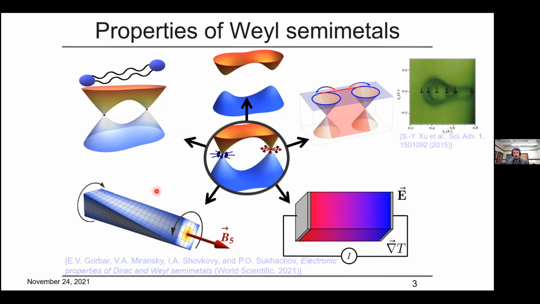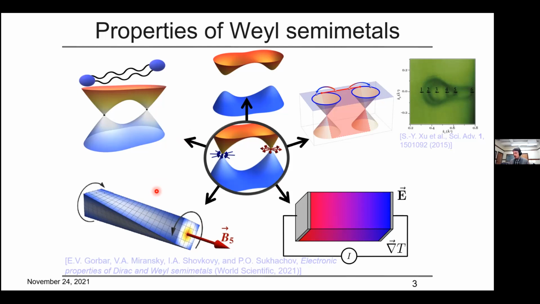Finally, Weyl semimetals allow one to realize unusual pseudo-electromagnetic fields by applying strains or non-trivial magnetization textures. In this case, these pseudo-electromagnetic fields act on quasi-particles of opposite chirality as if they have opposite electric charges.